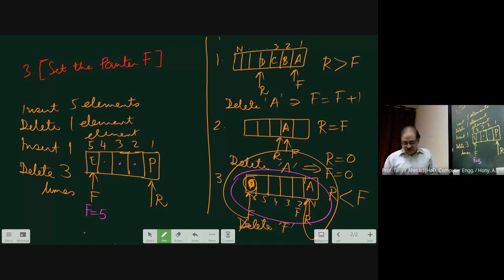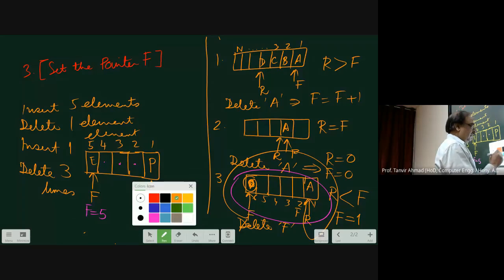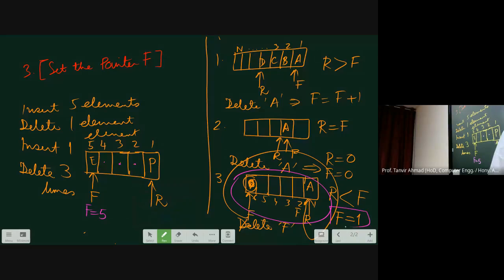Then what we are going to do, if this case is there, is put the value of F equal to 1. And this is the case which is important to know. Therefore, I will be highlighting it again, just to make you aware that this is the case of rotation.